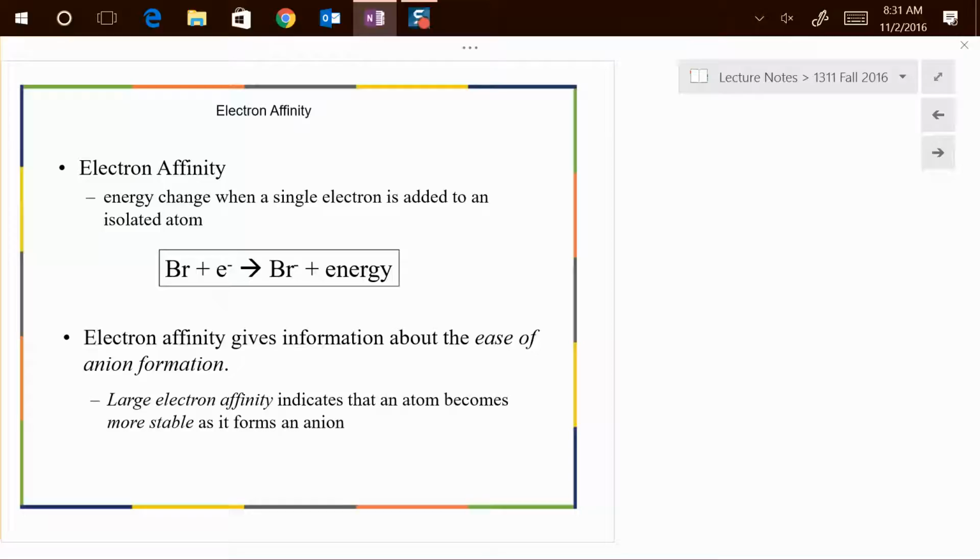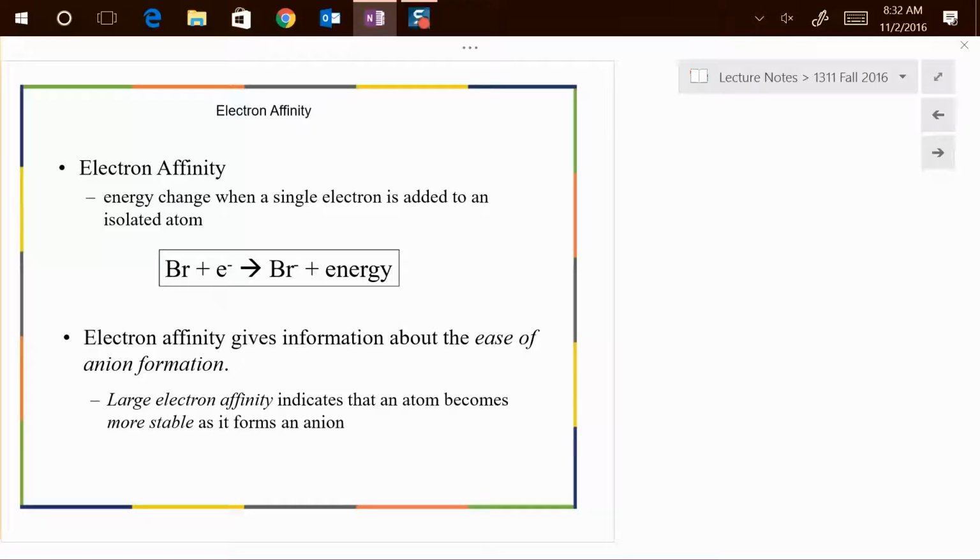Decreases. Non-metals have a higher electron affinity than metals because metals want to lose electrons. They don't want to gain electrons. Non-metals want to gain electrons. So that's how this periodic table situation is being created here. Non-metals have high electron affinities, high ionization energies, and high electronegativities, which we'll get into also.